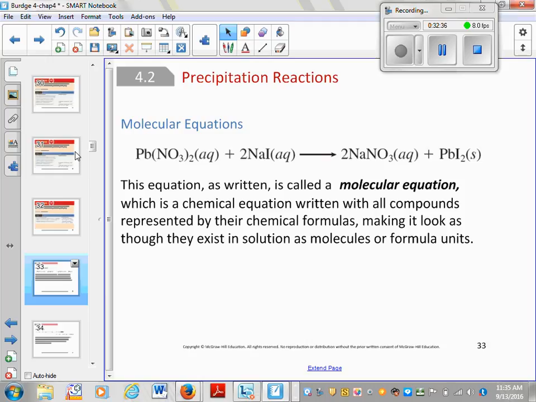So right away, if I look at that reaction, I'm taking two solutions, putting them together, and I'm going to get a precipitate of lead iodide, because it's a solid.